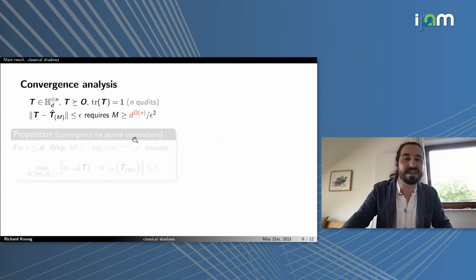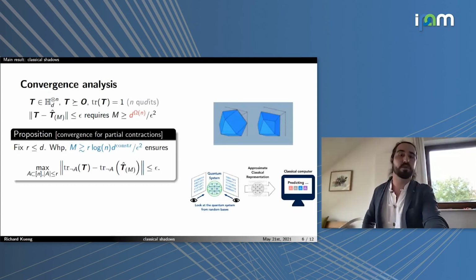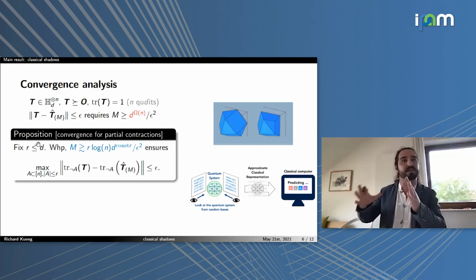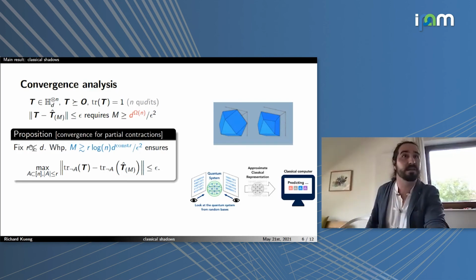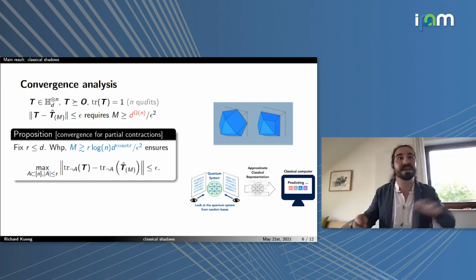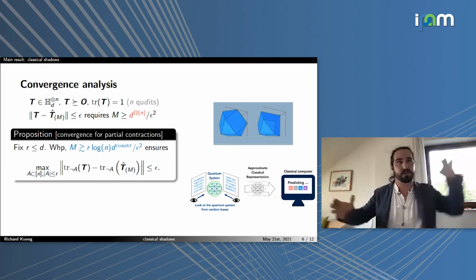And then you can actually easily use tools from random matrix theory to prove that in order to get all partial contractions that contract to subsystems of size r, the number of samples you need scales exponentially in subsystem size, but it's completely independent of the big number of tensor factors, just because we've contracted.